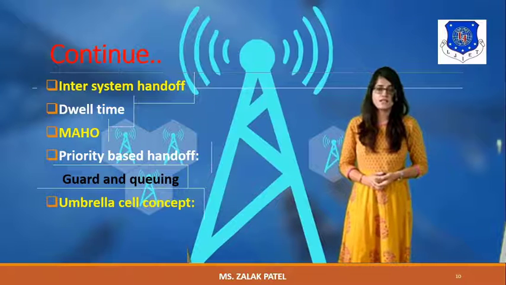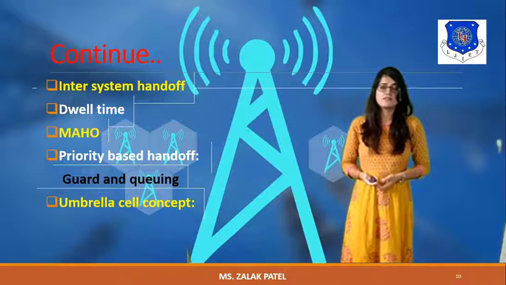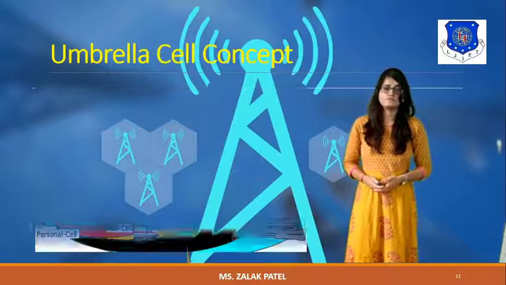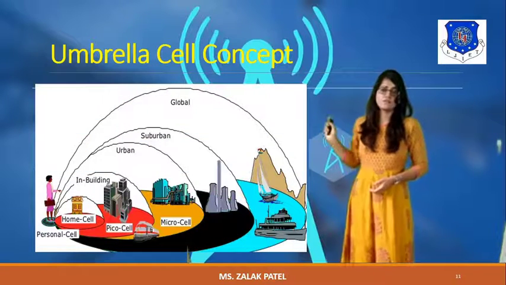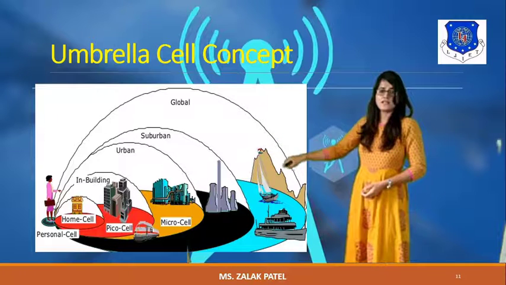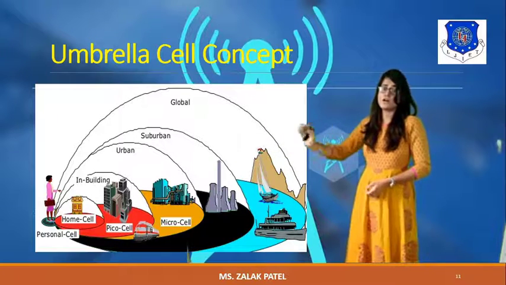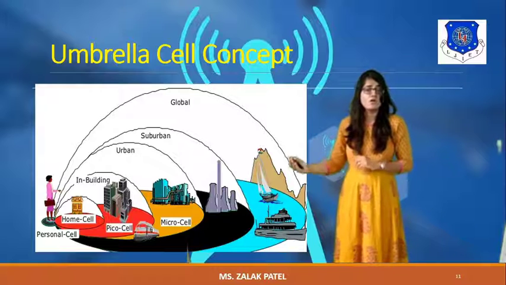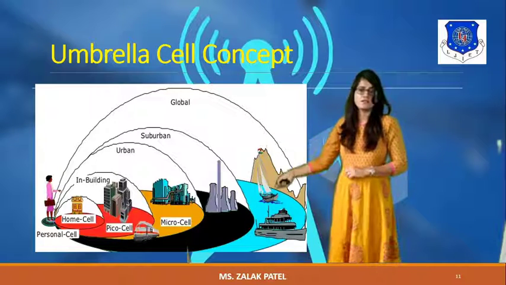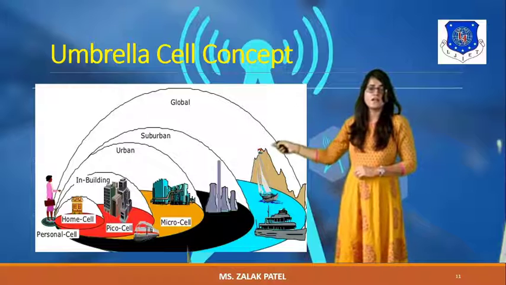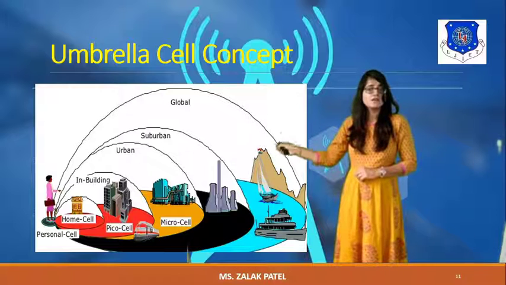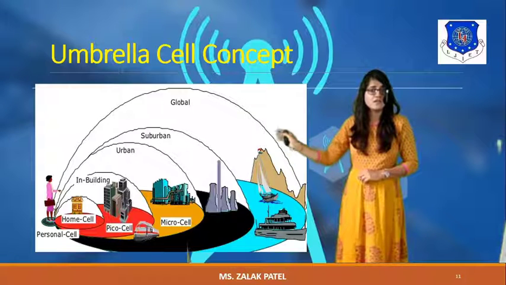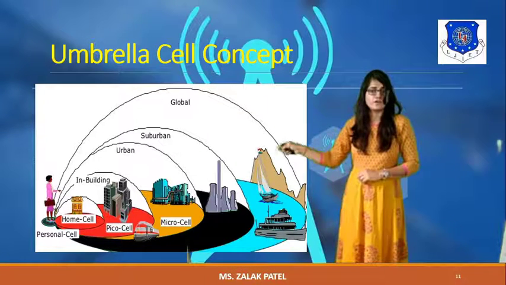Next is the umbrella cell concept. For the umbrella cell concept discussion, consider this figure. In the umbrella cell concept, you can see that the cells are divided into a number of areas. Here you can see the suburban area or urban area, and this complete area, the global area, is one larger cell.